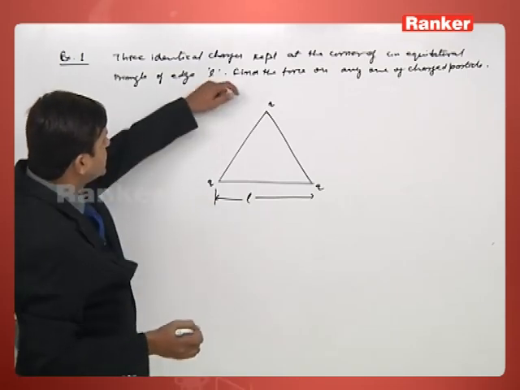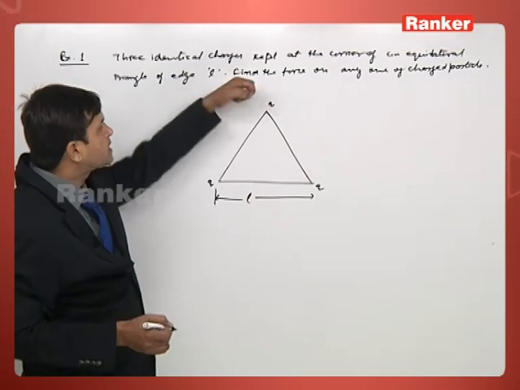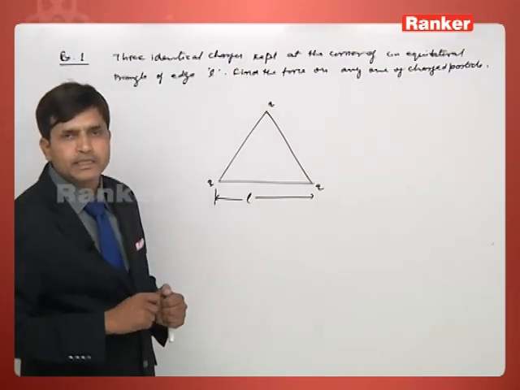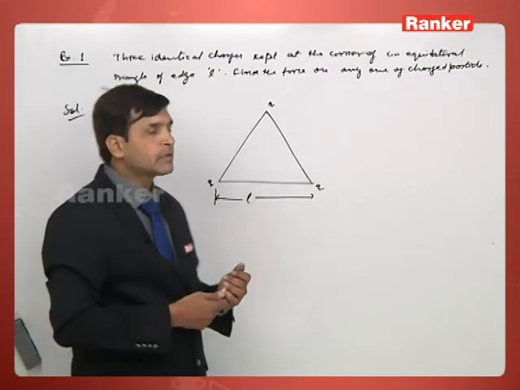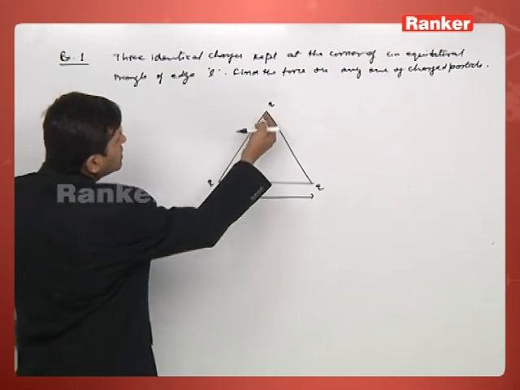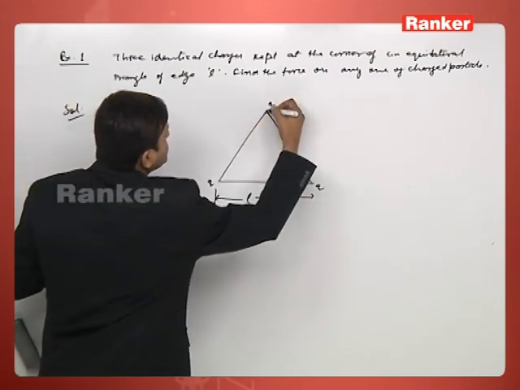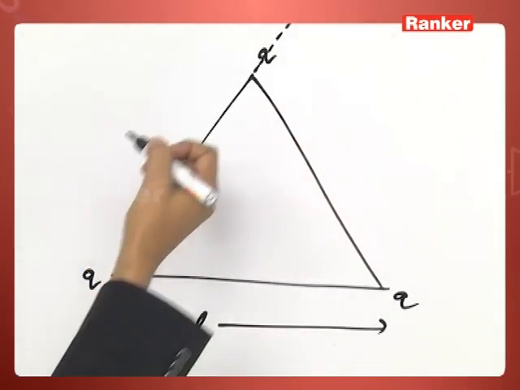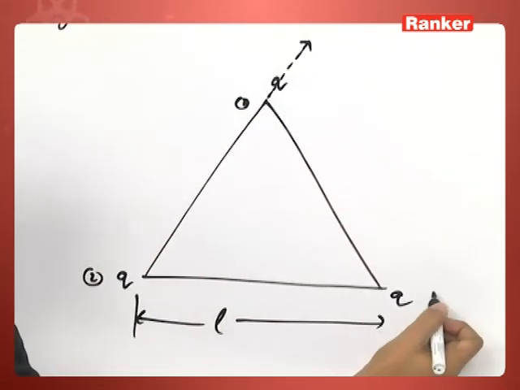Now we want the force on any of the charges. We can take any charge. Suppose we want to calculate the force on this one. As per the principle of superposition, the force on any charge is the vector addition of the forces applied by all the other charges. The force on this charge due to this charge is in this direction, because both are positive, so it is a repulsive force. Let us denote the charges as 1, 2, 3.